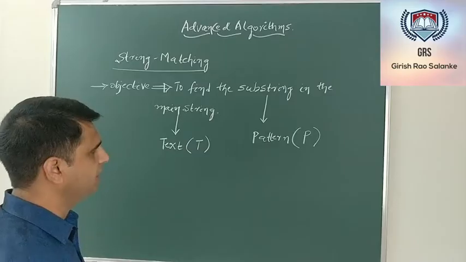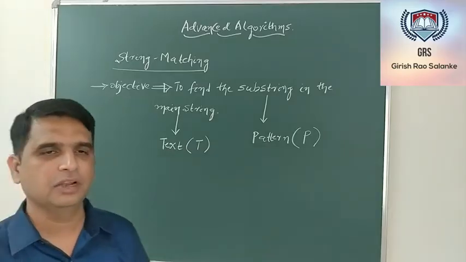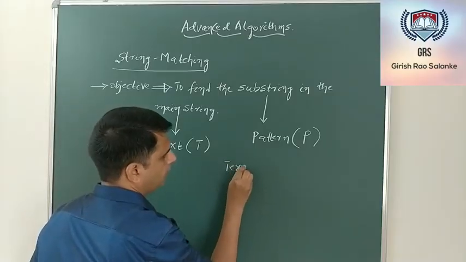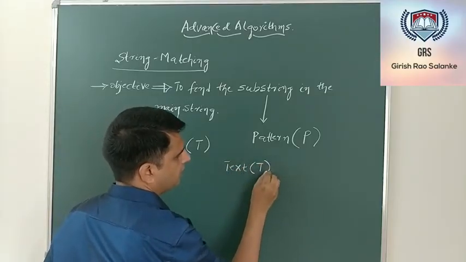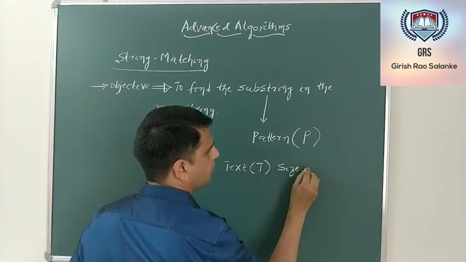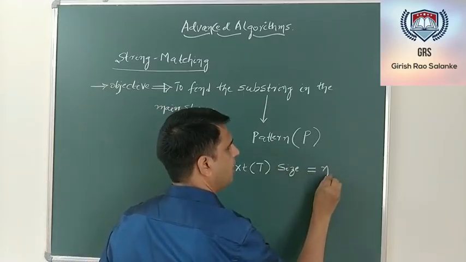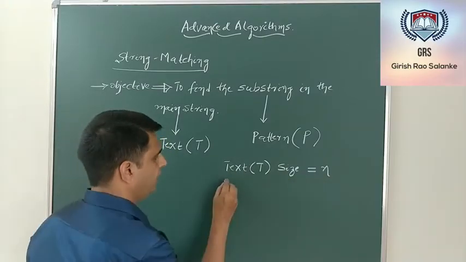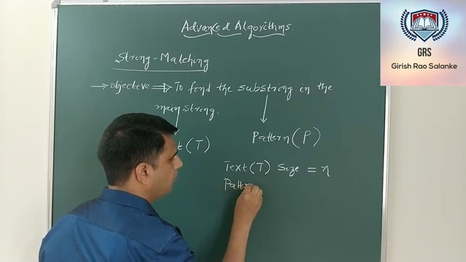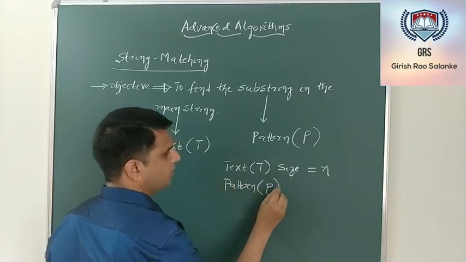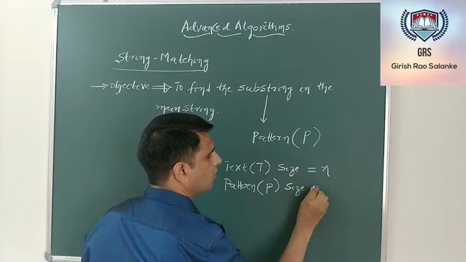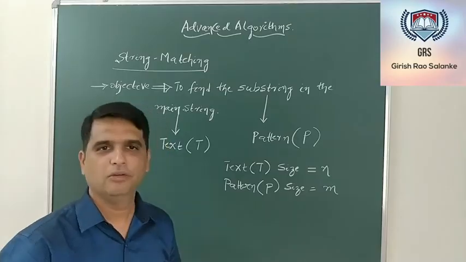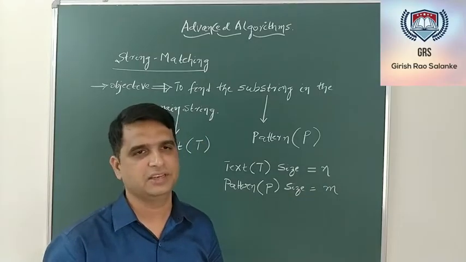And one more important thing is, for all the string matching algorithms that we are going to discuss, let the text T size be n. Let n denote the number of characters in the text T, and let's assume the pattern, which is denoted with P, size is denoted with m. So these are the other two variables that we keep using in any string matching algorithm.